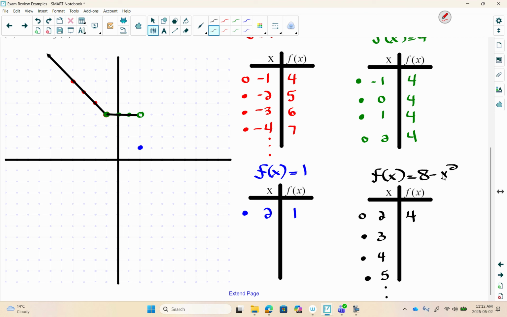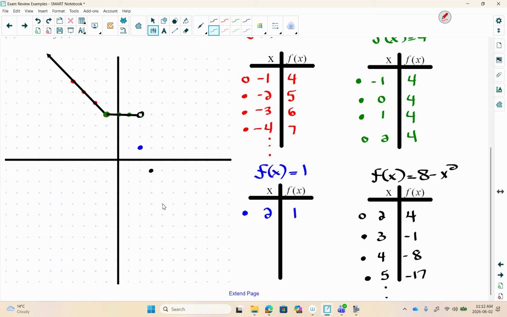What's 8 minus 3 squared or 8 minus 9? -1. 8 minus 4 squared, 8 minus 16 is -8. And 8 minus 25, -17. I won't even bother plotting that point. 2, 4, open dot on top of an open dot remains open. 3, -1. And 4, -8.